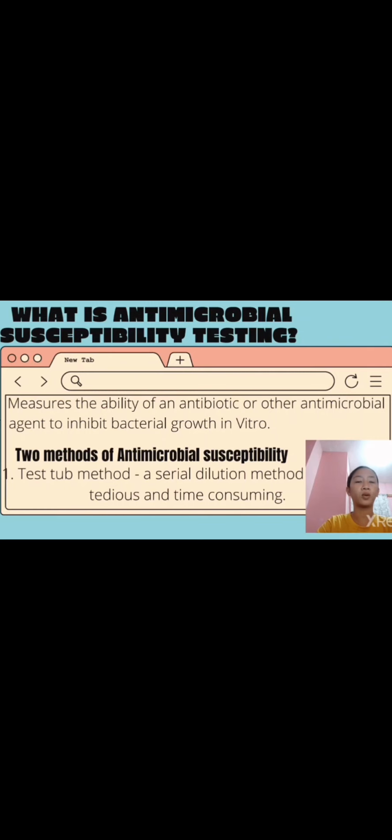Antimicrobial susceptibility testing measures the ability of an antibiotic or other antimicrobial agent to inhibit bacterial growth in vitro. There are two methods of antimicrobial susceptibility testing. First, the test tube method, a serial dilution method, is tedious and time-consuming.